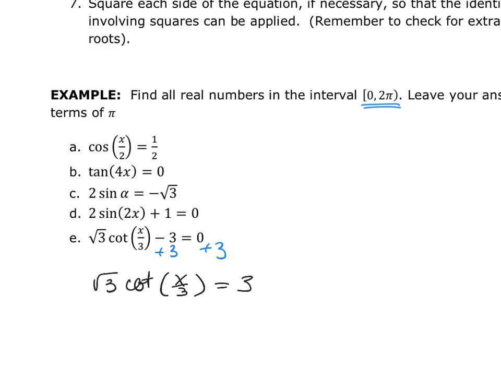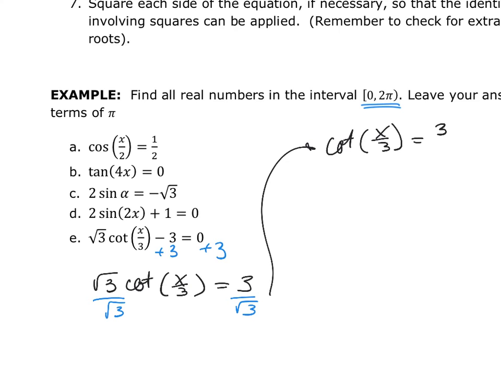I'm trying to isolate cotangent, and then I'm going to divide everything by the square root of 3. So again, I'm isolating cotangent. What I have, I'm just going to do it up here, is the cotangent of x over 3 is equal to 3 over root 3.